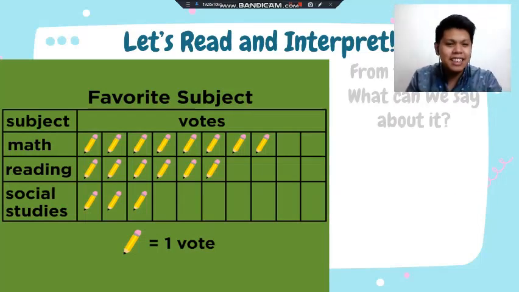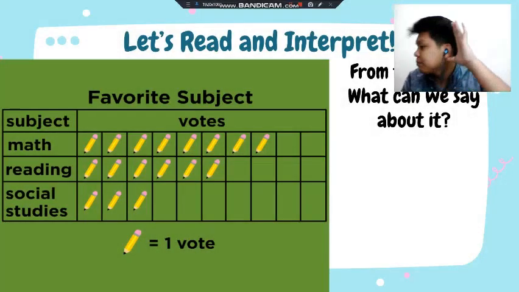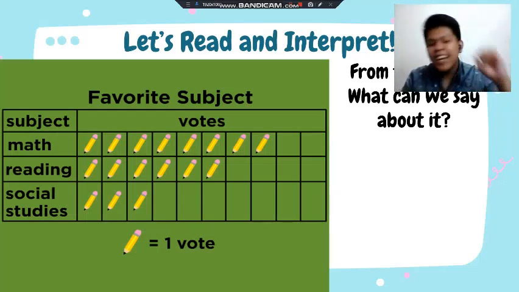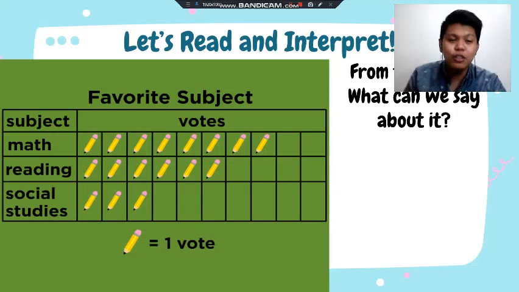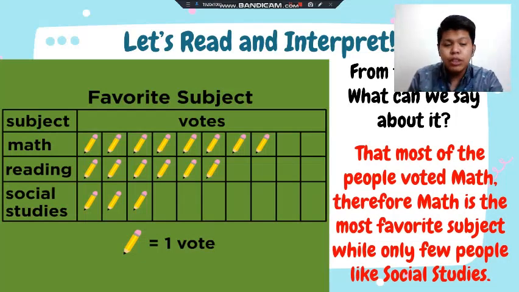Now, class, from the pictograph, what can we say about it? Okay, we can conclude, class, that most of the people voted math, and therefore math is the most favorite subject, while only a few people like social studies.